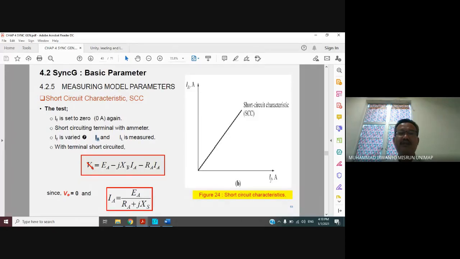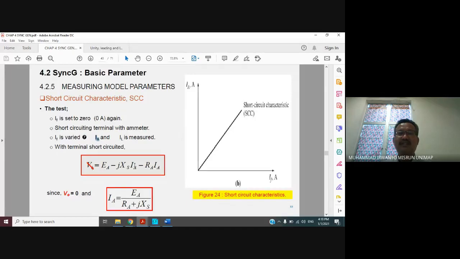So we can find, RA is obtained from the DC test. EA is obtained from the open circuit test. And then IA is obtained from the short circuit test.